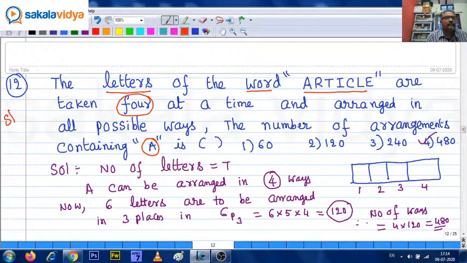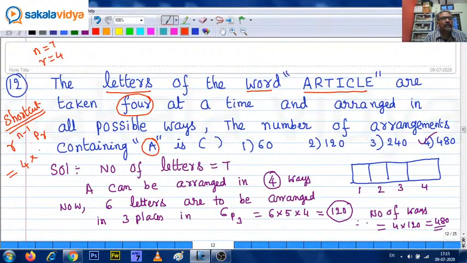Always, when including one object, the number of arrangements is: that object can be placed in R places, and the rest is (n minus 1) P (R minus 1).